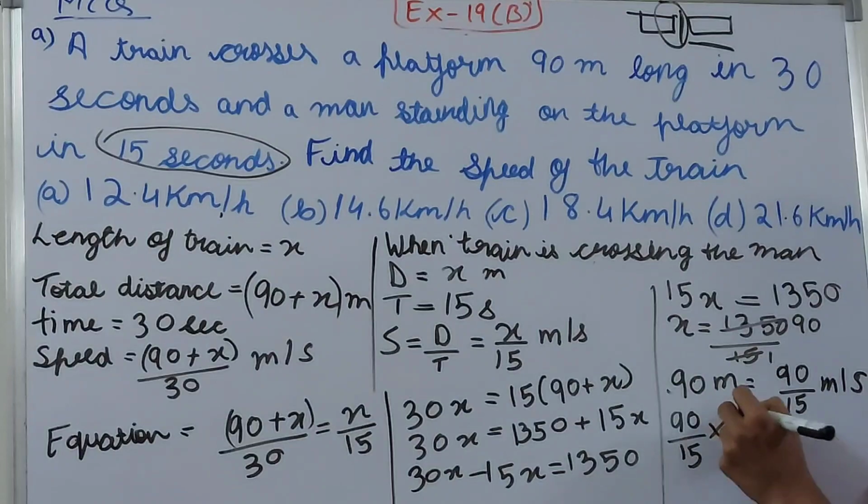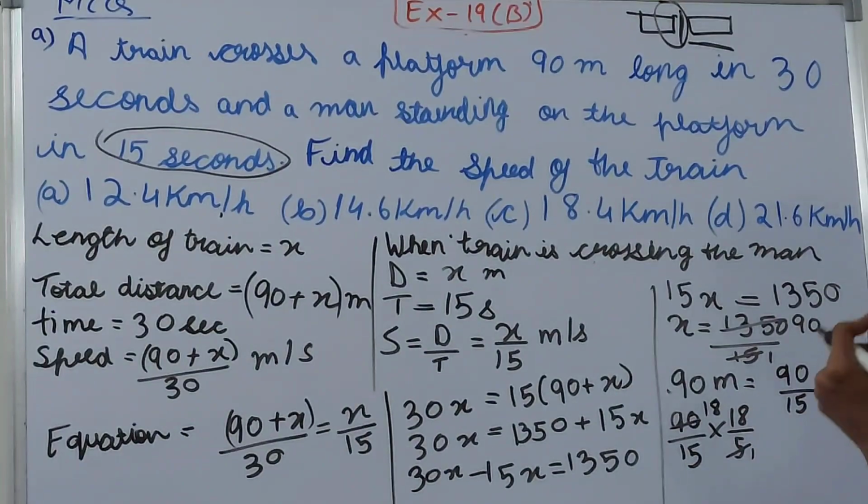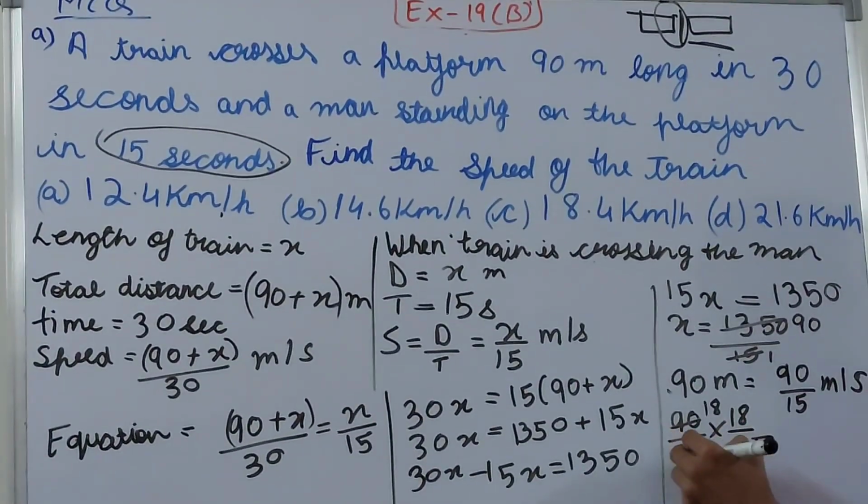So the speed is 90 by 15, and to convert a speed in meter per second to kilometer per hour, we multiply by 18 by 5. So 5 and 45, 90 will cut each other. Now can we cut it further? Yes, 5 and 6.